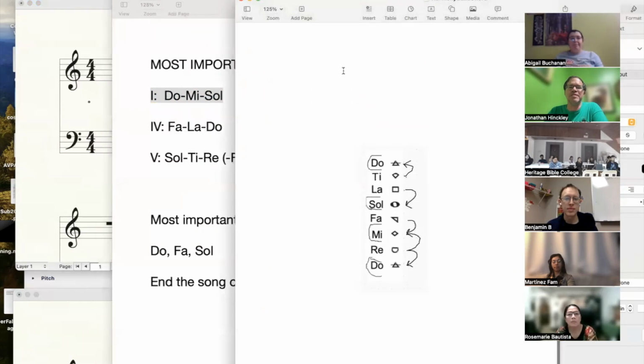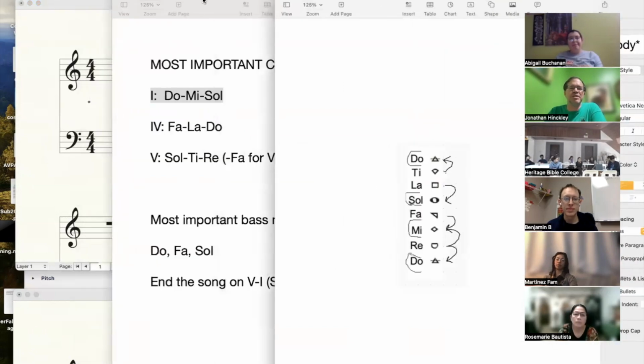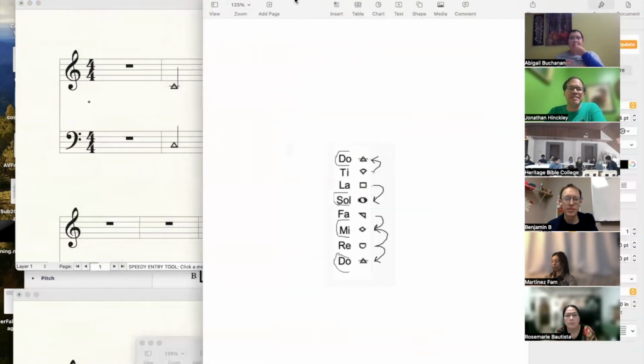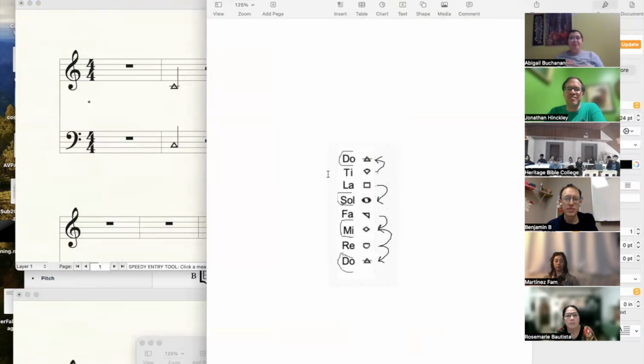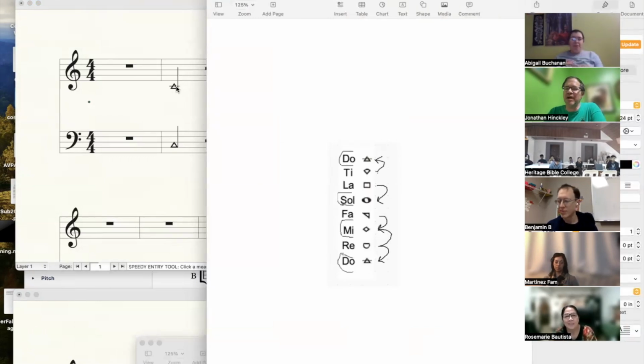All right, this is probably the best way to look at it. So matter of fact, let's put it side by side. Does that look more or less side by side for everybody? Okay, so this is do, right? Here's do. If I go down, what is the next note that I will find that is in that one chord, do, mi, so?